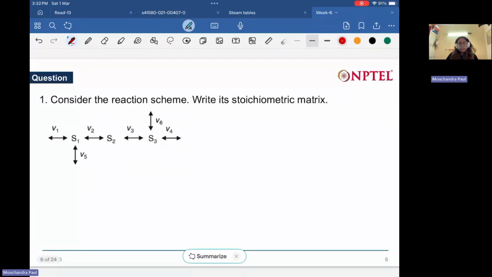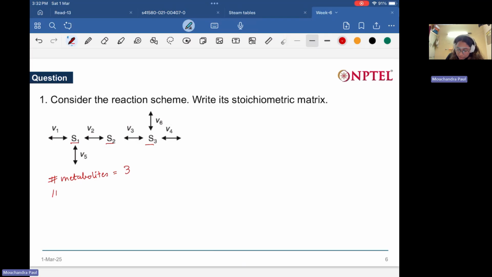Now, quickly, let's try to solve some problems based on this concept. This is the first problem that we have. This is your reaction scheme given. So quickly, let us see how many metabolites there are. The number of metabolites is 3, S1, S2, and S3.